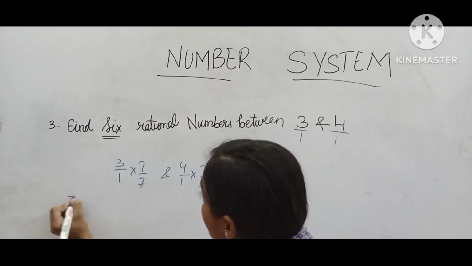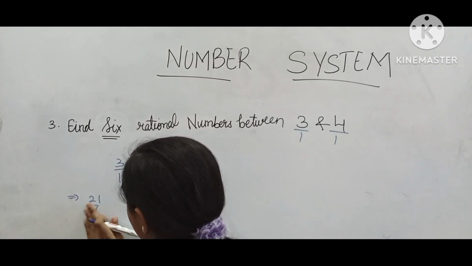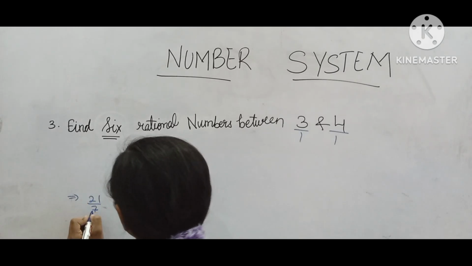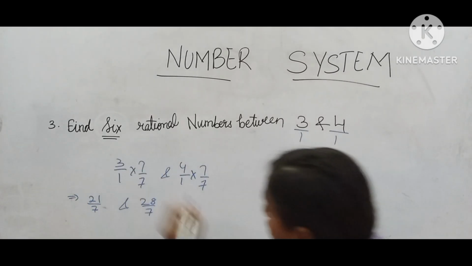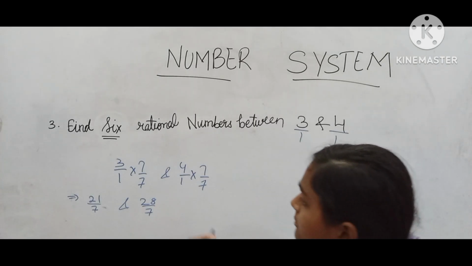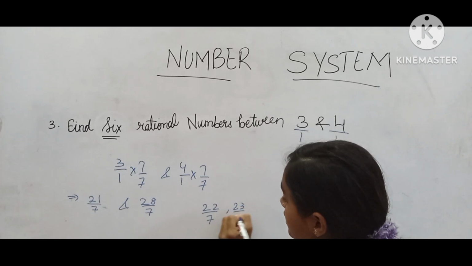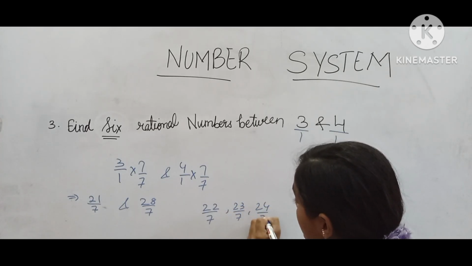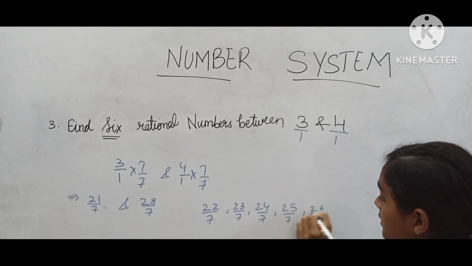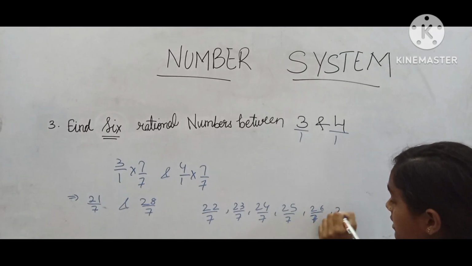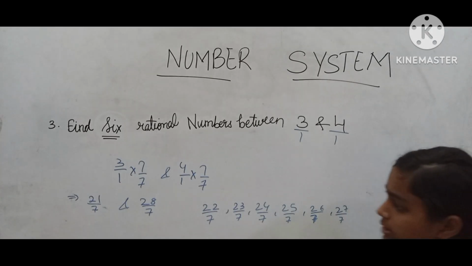The answer that we get is 21 by 7 and 28 by 7. So now the 6 rational numbers between them are 22 by 7, 23 by 7, 24 by 7, 25 by 7, 26 by 7, 27 by 7, and here there are 6 rational numbers.